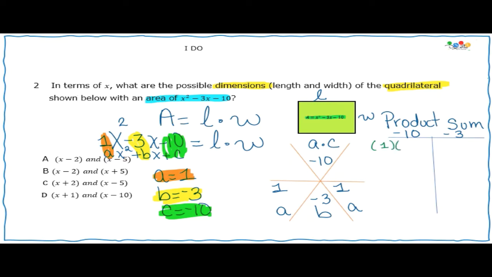I want you guys to notice one thing. My product needs to be negative. So let's put a negative on one of the numbers. So 1 times negative 10 gives me negative 10. But if one of them needs to be negative, then the 10 can also be the negative one. The next one is 2. 2 times who gives me a 10?